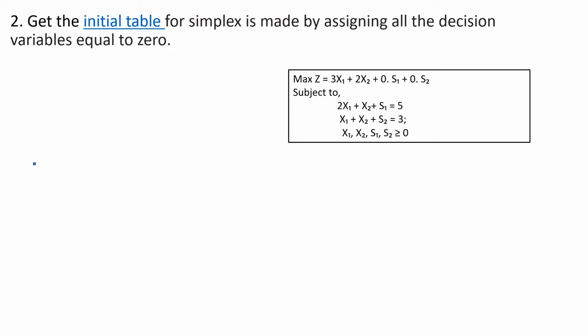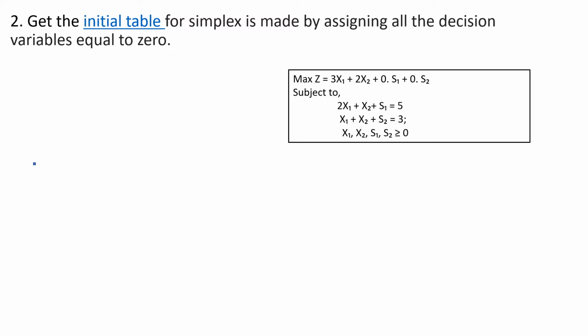Now the variables which we assume to be 0 are called non-basic variables. Okay, so in my first iteration, that is in my first table of the simplex, it always starts at origin, where x1 and x2, that is my decision variables, are 0. So if x1 and x2 are 0, that means s1 equals 5 and s2 equals 3.